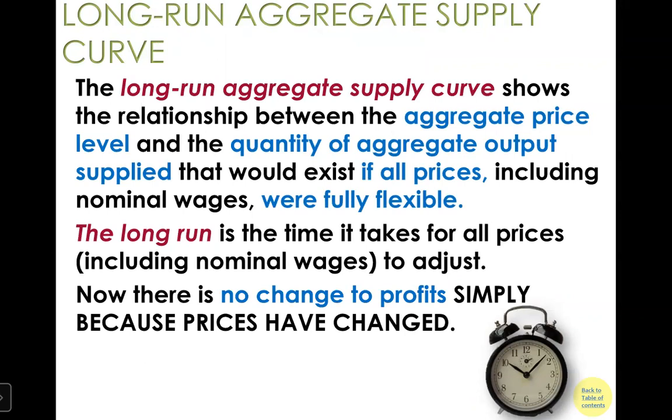Now we are going to move from the short run to the long run. In the long run, what would happen? In the long run, the economy is going to adjust, and particularly it is going to adjust with a change in price. Now we need to go back to the earlier example.